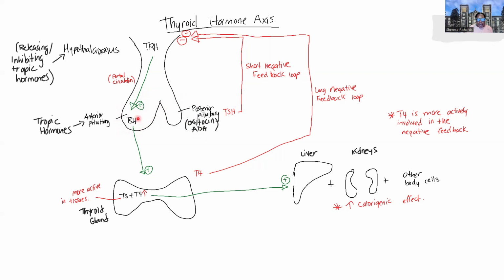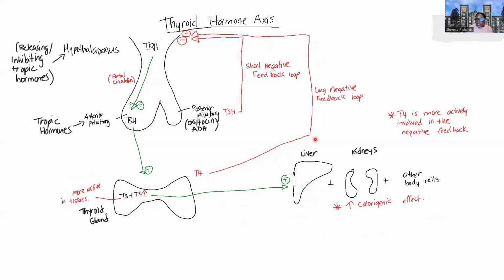The TSH then stimulates the thyroid gland to make T3 and T4. Now, the important difference between T3 and T4 is that T3 is more active in tissues like the liver, the kidneys, and more active in bringing about that calorigenic effect that we described earlier, whereas T4 is more active in the feedback loops.